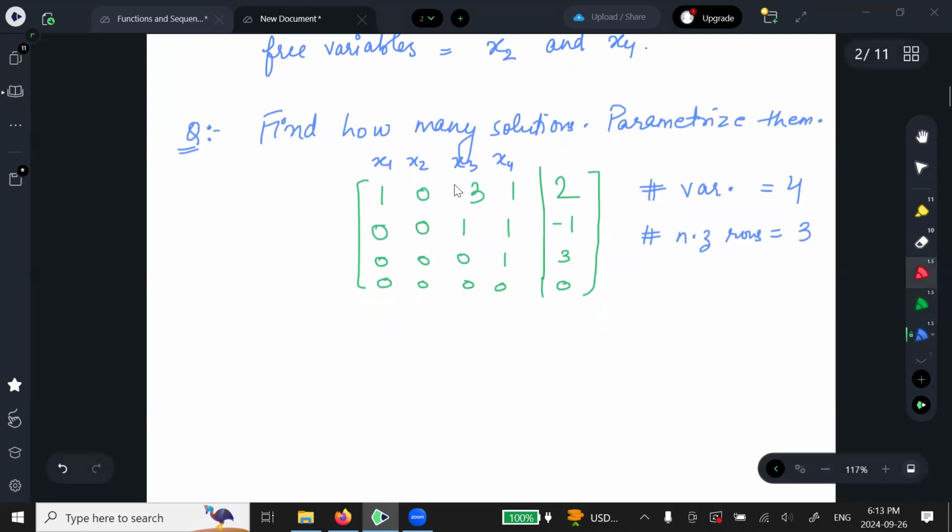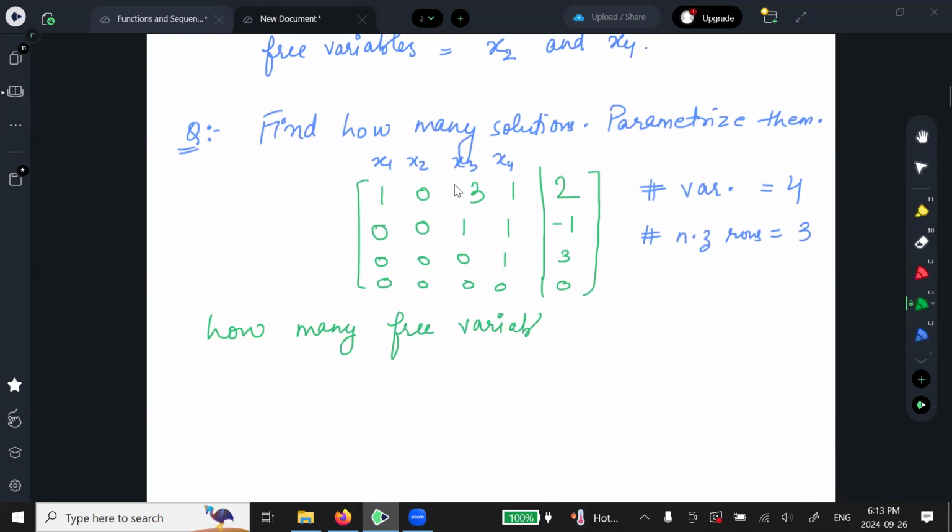Which ones are your free variable? Actually, wait a minute. How many free variables? How did you get there? Yeah, this is the formula to use. You take number of variables, subtract number of non-zero rows.